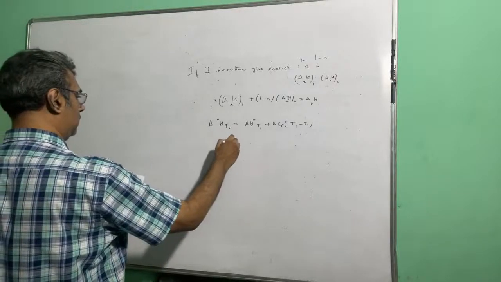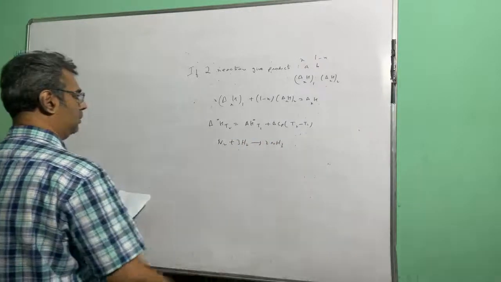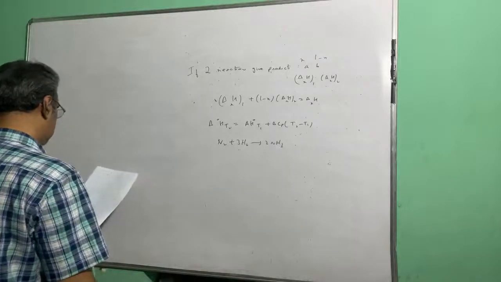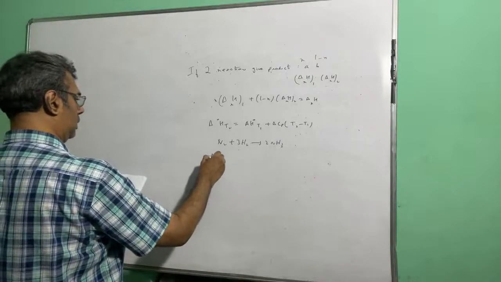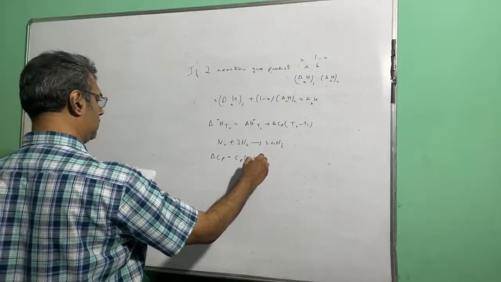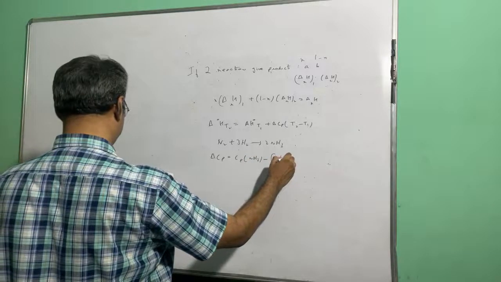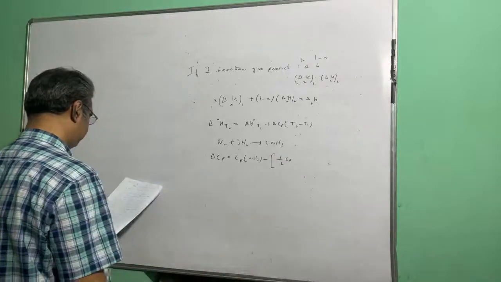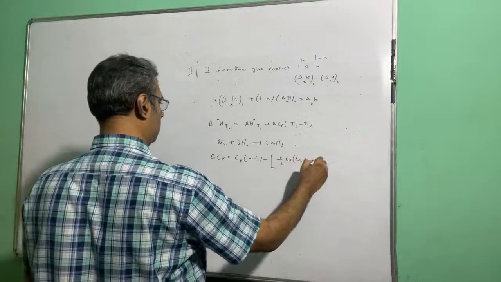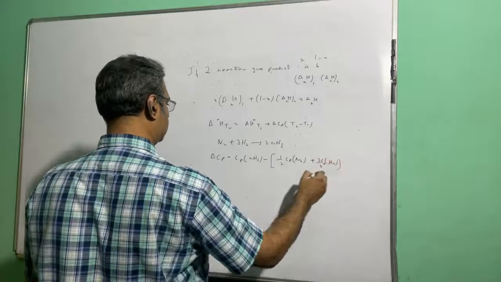Say, for example, if you have a reaction like this, N2 plus 3H2 is 2NH3. First of all, delta Cp for this reaction will be Cp of ammonia minus half Cp of nitrogen plus 3 by 2 Cp of hydrogen.